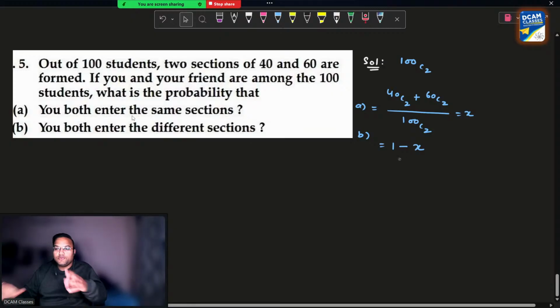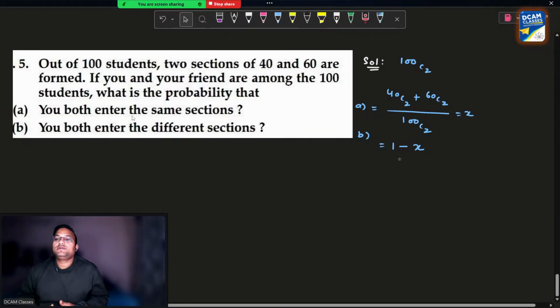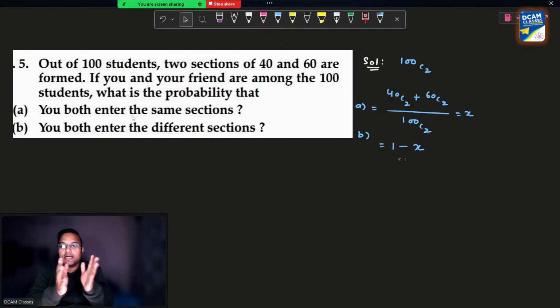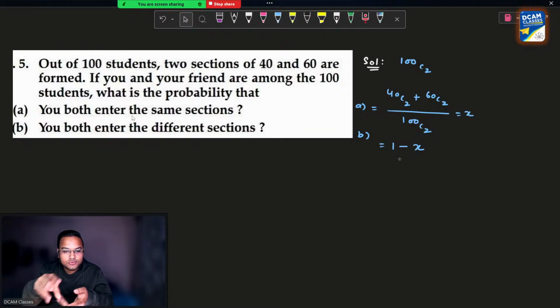See, if you are getting confused why I have chosen 2, means you and your friend, it's like for a case of 100 students, you visualize this as there are 100 places. For you and your friend, you have to choose only 2 places to be seated in.